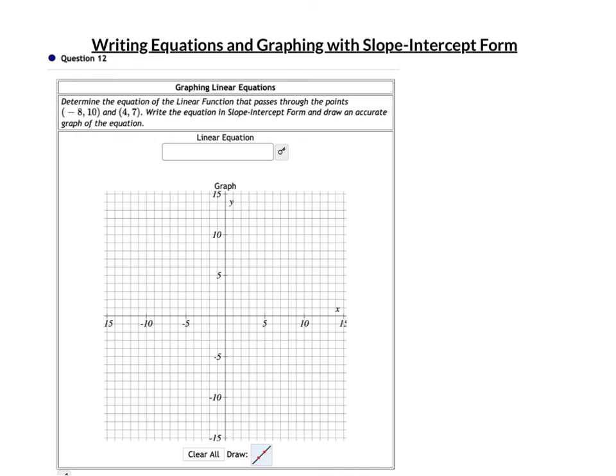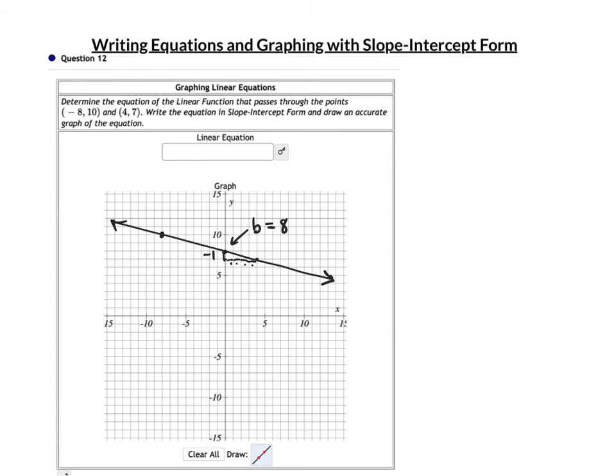I'm going to graph (-8, 10) and (4, 7). Note that the intercept is 8. So our b is 8. And you could use the 2 points they gave you, but I can just use down 1 over 1, 2, 3, 4.